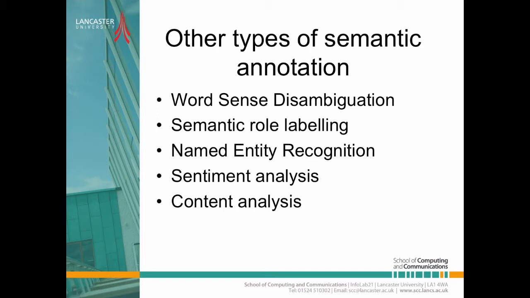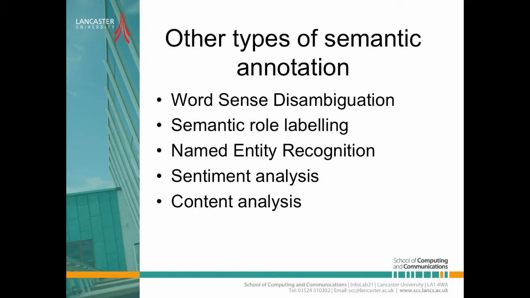Here the task is trying to allocate a label or tag or some distinguishing feature to each word in the text against an off-the-shelf dictionary. So you might be trying to determine which of the many senses of the word set is appropriate in the context. Our version of semantic annotation is more coarse-grained than this, and I'll show you some examples in a minute.